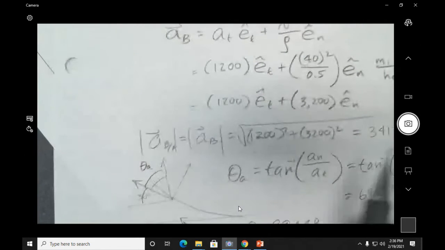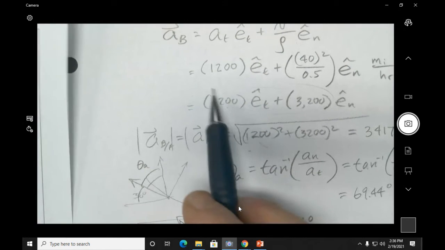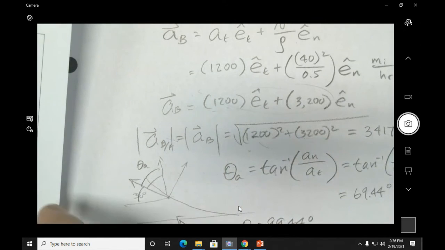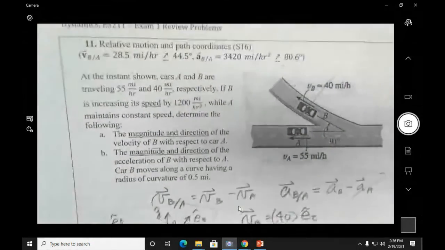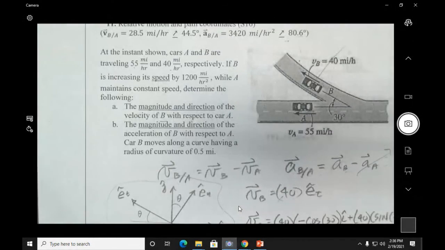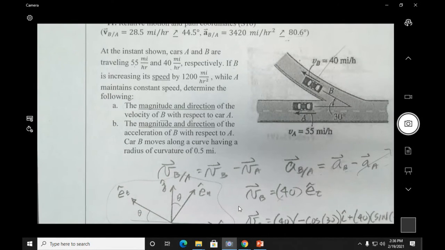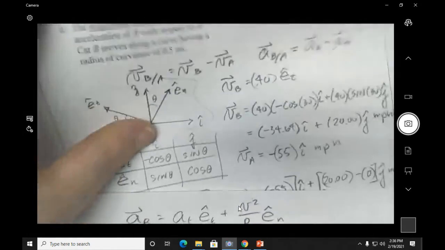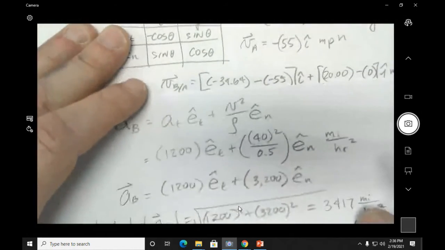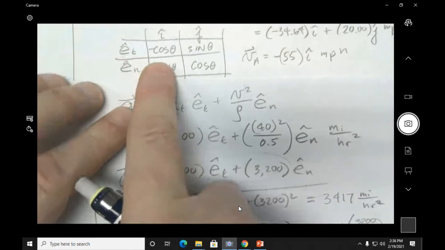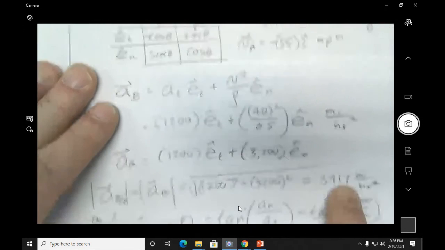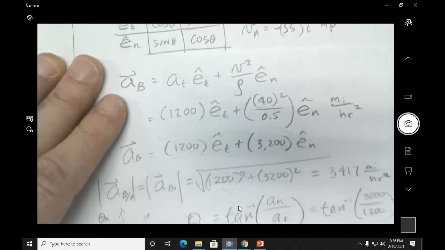We have this acceleration right up here, and we would apply this coordinate transformation to it to get it into I and J, and then find what the magnitude and the angle would be.